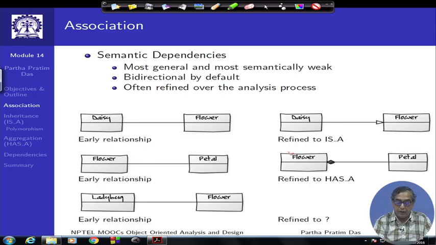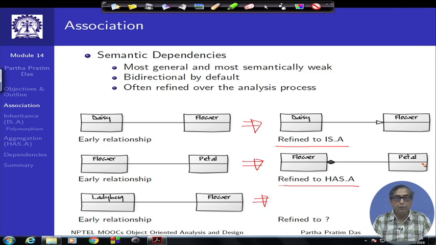But as we go into later stages of the design, we have more information analyzed, and we may be able to refine those relationships. What was an association here will later turn out to be a more refined relationship, and we will see that this may elevate to an inheritance relationship, or whatever was just an association between flower and petal will elevate to an aggregation kind of relationship, whereas a relationship between ladybug and flower may just continue to remain equally ill defined.